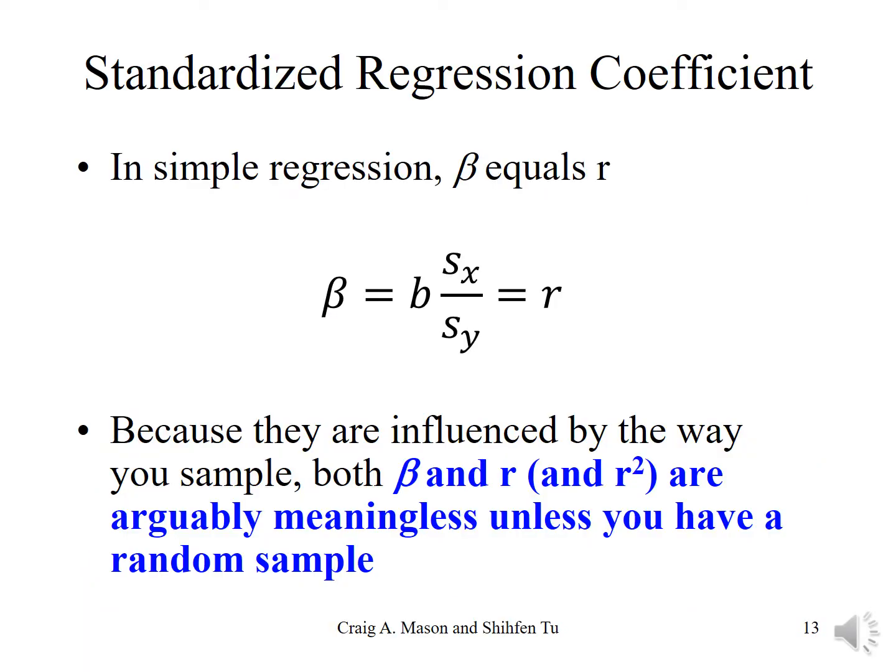But if R is equal to beta, you can also make R big simply by sampling extreme values on your predictor. And if you can make R big by sampling extreme scores, you can make R squared big by sampling extreme scores. And that's a problem. The size of the correlation and R squared are influenced by your sampling strategy. You can rig it to a degree.